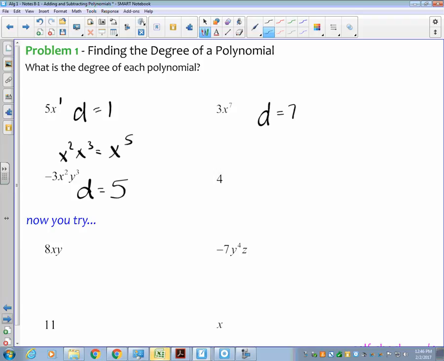Yeah, it would be 5. So when you have different letters, you just add, and they're being multiplied. If this were added, it would be a different story. But because we're multiplying, you add those two together. That's the tricky one. So put a little star next to that, because you have to remember that.